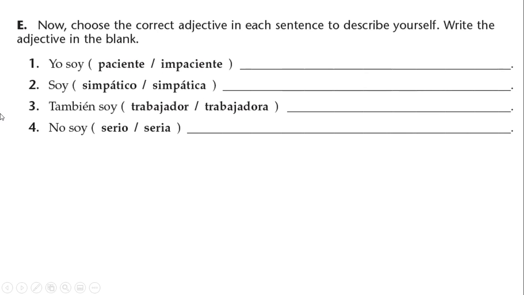Yo soy blank, simpático or simpática. This one is going to depend on if you are male or female. If you are male, you're going to circle simpático. If you're female, circle simpática. Same thing with 3 and 4. También soy trabajador or trabajadora, and no soy either serio or seria.